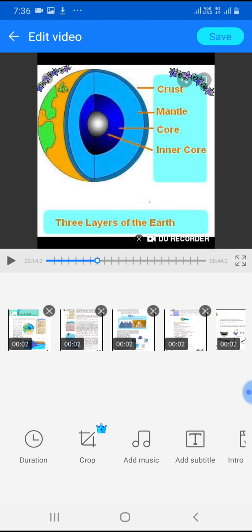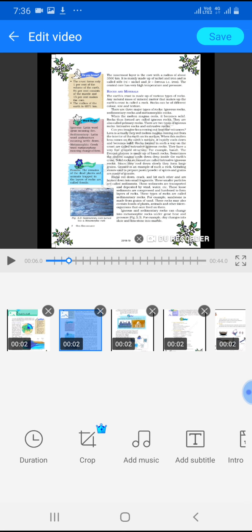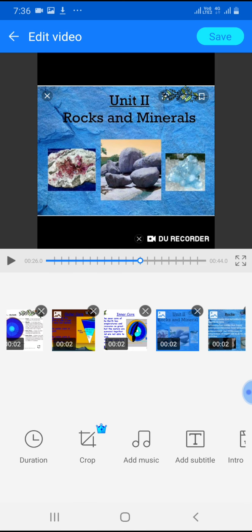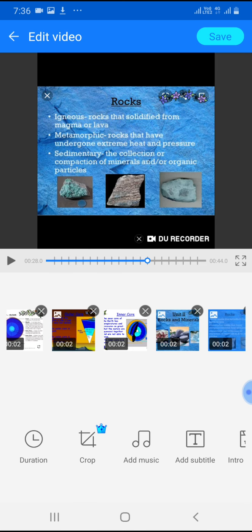Now students, the next topic is rocks and minerals. Let's start with rocks. First of all, the mine in South Africa is the deepest mine in the world. There are 3 types of rocks: igneous rock, sedimentary rock and metamorphic rock.